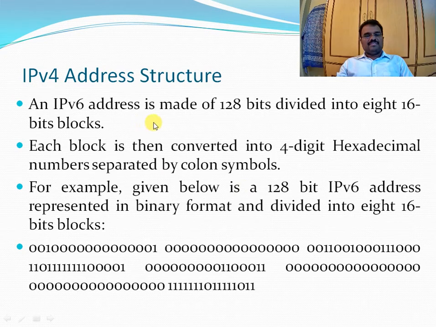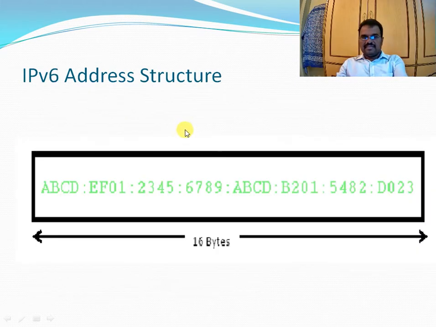An IPv6 address is made up of 128 bits divided into 8 16-bit blocks. This is a 16-bit block, because each character digit represents a hexadecimal number.